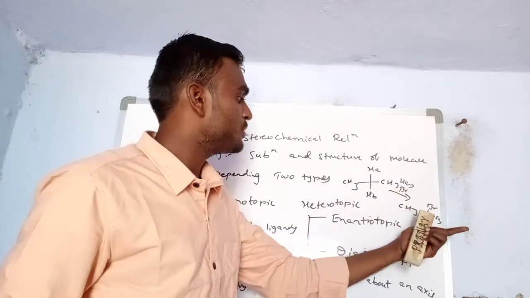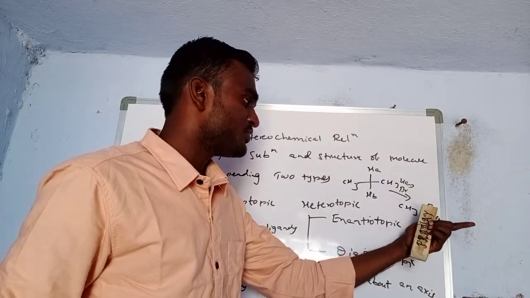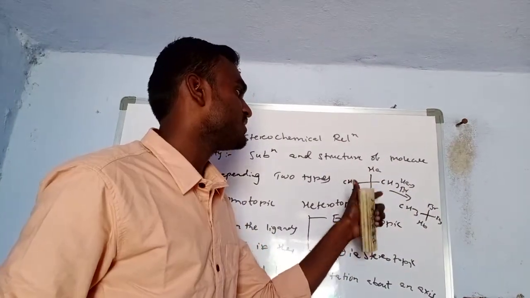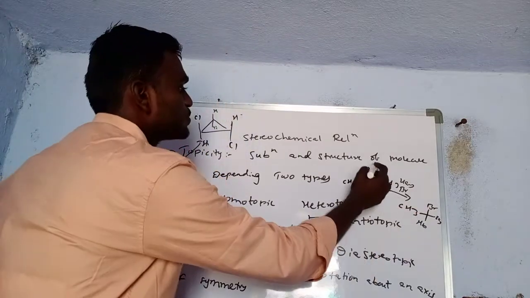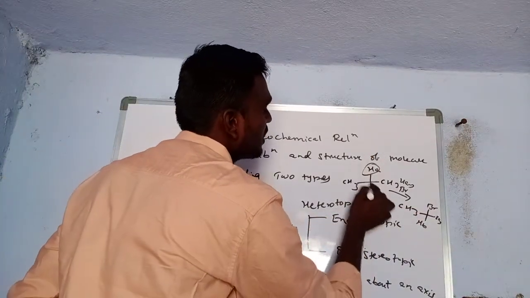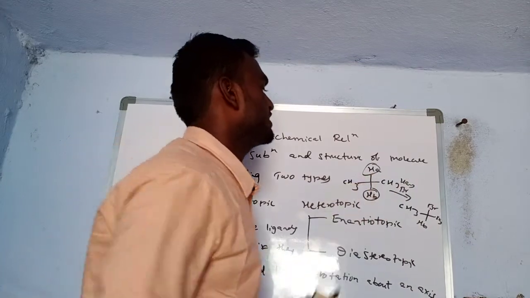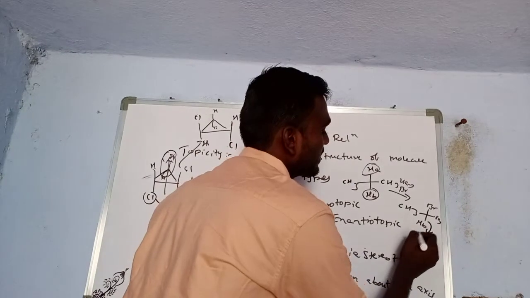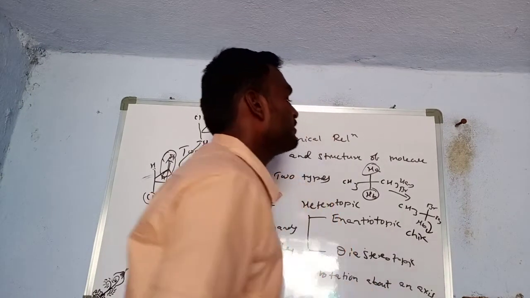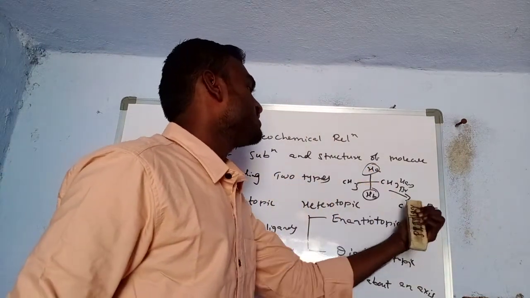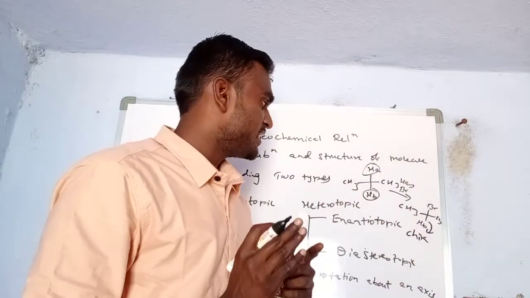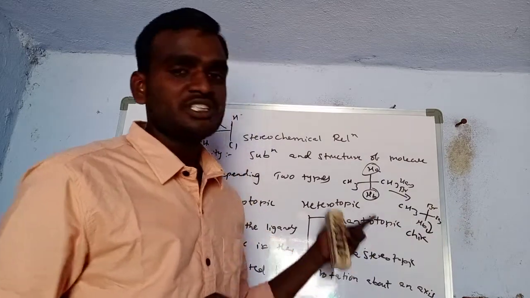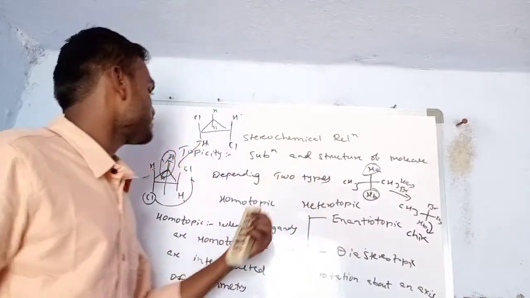So the structure of the molecule remains the same, with no change by passing an axis of symmetry. So these two hydrogens are known as homotopic in nature, and homotopic ligands do not generate a chiral center. Whenever homotopic ligands are present, these ligands will not generate a chiral center by the substitution of an atom. Okay, these are the homotopic ligands.